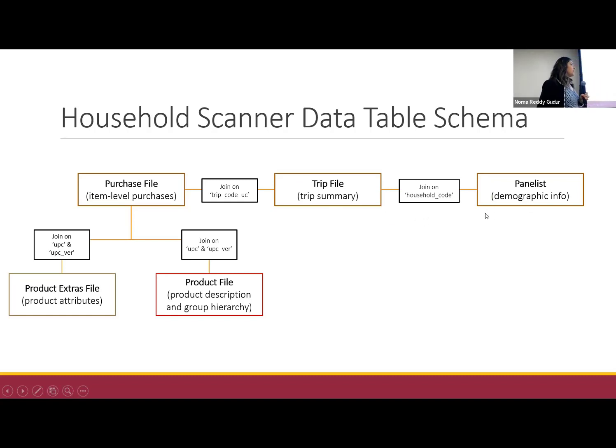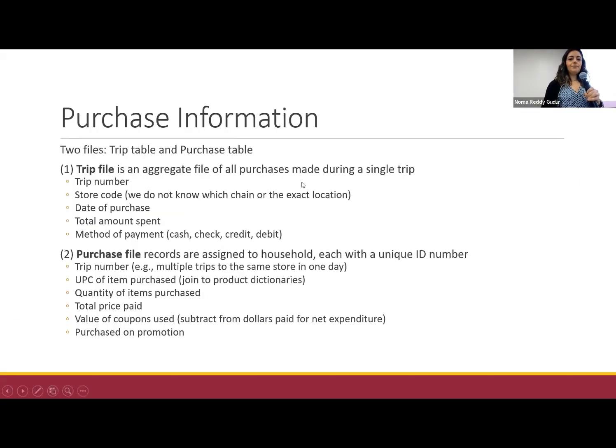And then we've got this panelist file, which is demographic information. And again, those product files on the bottom left here are related to the attributes and the descriptions that can be joined by certain variables in that purchase data file. This is just a high level view, and if you're familiar with Microsoft Access, you can maybe imagine how this would all work out.